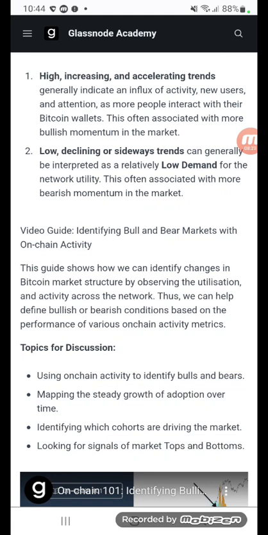Now, a declining or sideways trend can generally be interpreted as relatively low demand for the network utility. This is often associated with more bearish momentum in the market.